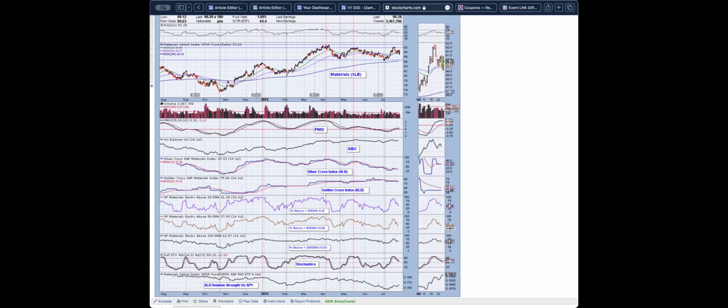Sometimes you'll see it fall just because some drop below their 20 and 50, but it's not enough to bring the Silver Cross Index down because they reverse very quickly. So sometimes you will see the Silver Cross Index at a lower value than the amount of stocks above their 50-day EMA. Give me a moment here.